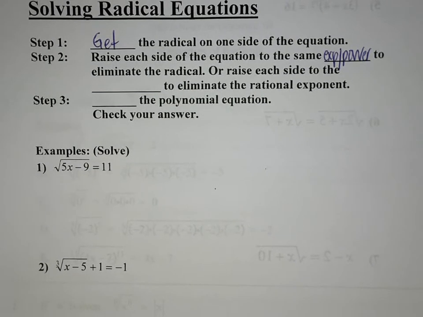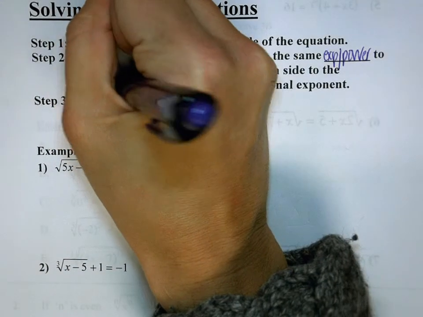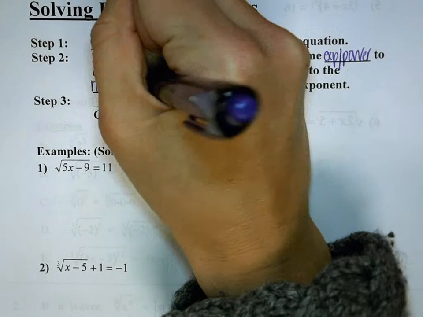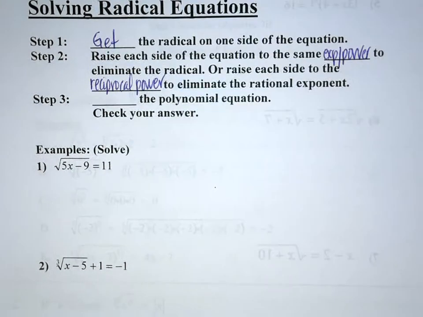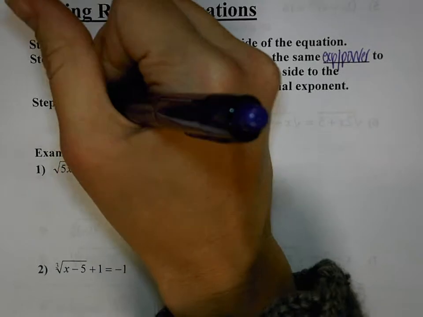Or you will raise each side to the reciprocal power to eliminate the rational exponent. And we'll see that on example 4. And then step 3 is to solve your equation.